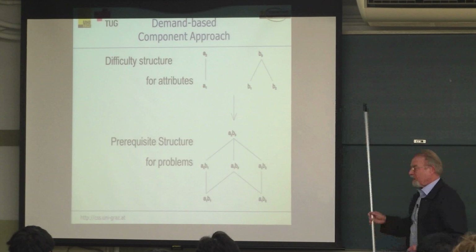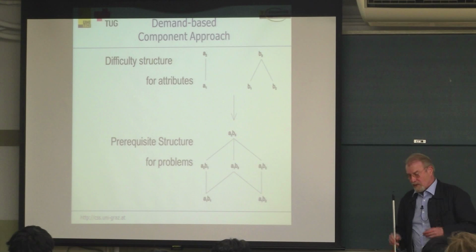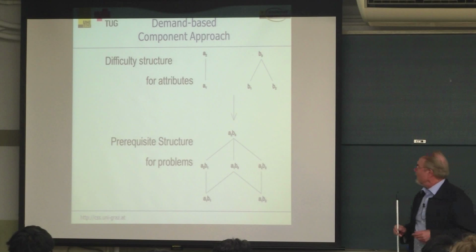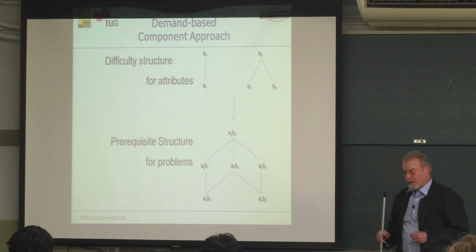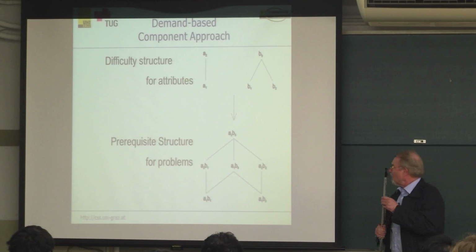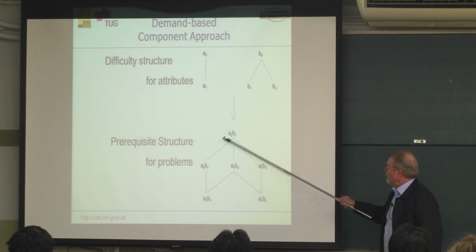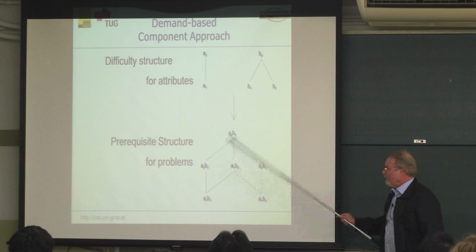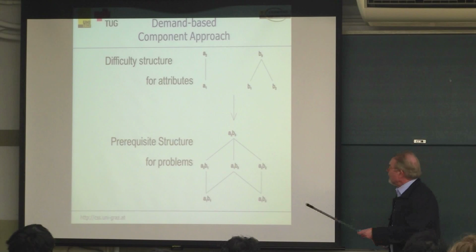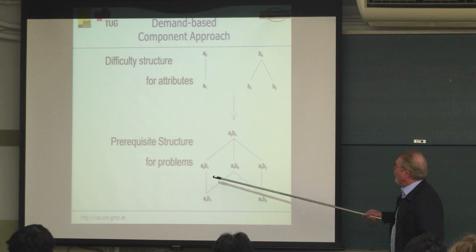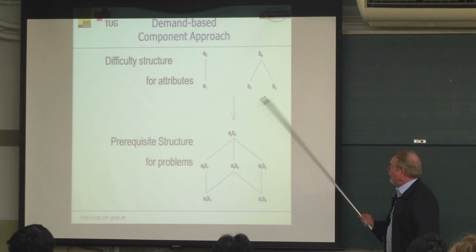And we also get very easily, by a simple rule, which is called the dominance rule, the structure of the problems, because this rule says one problem should be together with another problem as a pair in the prerequisite relation if it's easier on one component and not harder on any other component.